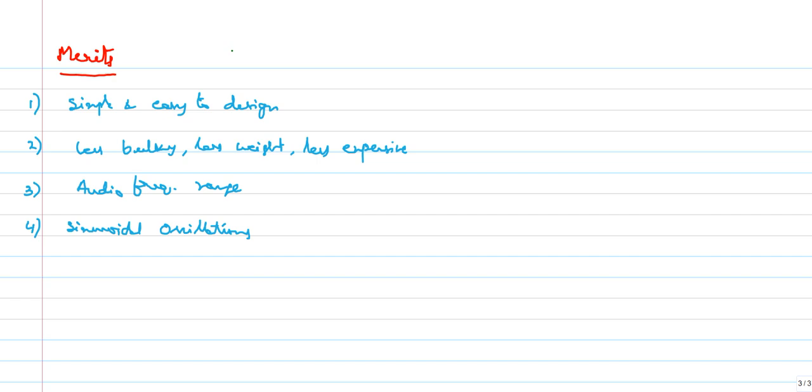Now let's move on to the demerits of RC phase shift oscillator. The demerit is, it has a very low quality factor. Because of this, there is frequency drift when circuit parameters vary due to aging and temperature.